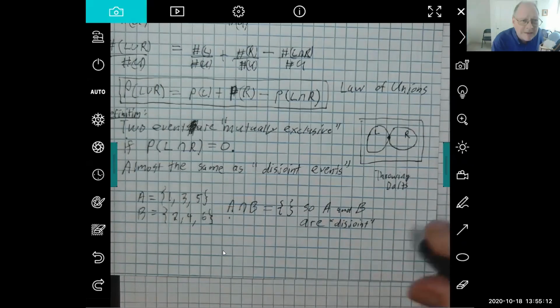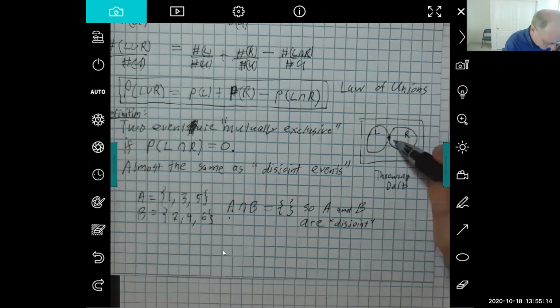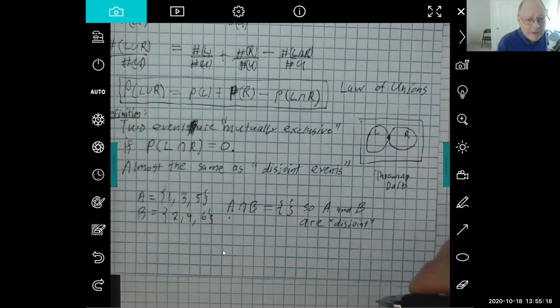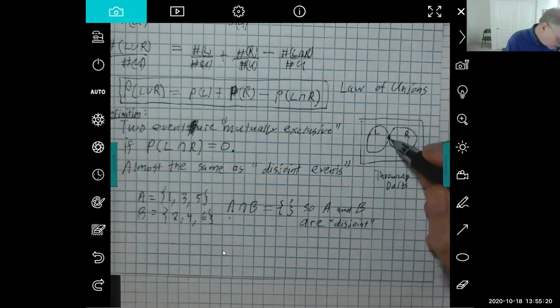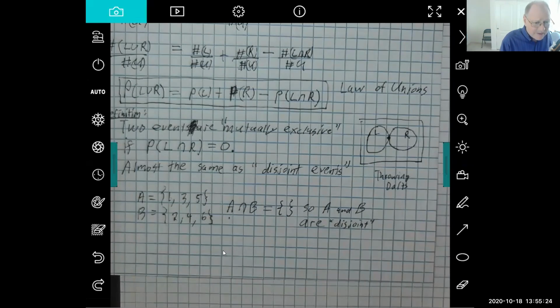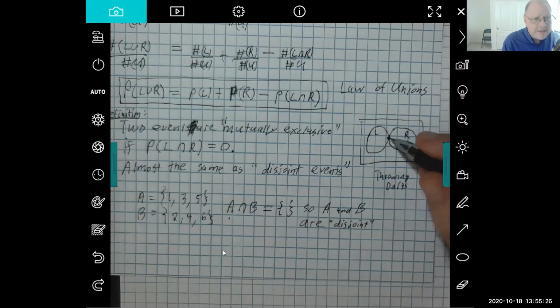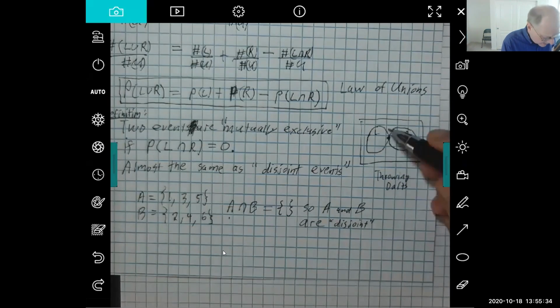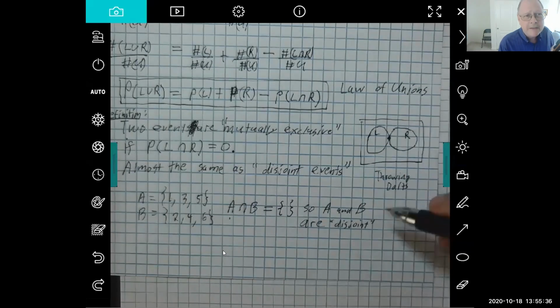I throw the darts. And, well, there is this one point, the way I've drawn the picture, where the two sets touch. So the intersection is not the empty set. It does contain that one point. So the way I've drawn it with the circles touching, L and R are not disjoint.